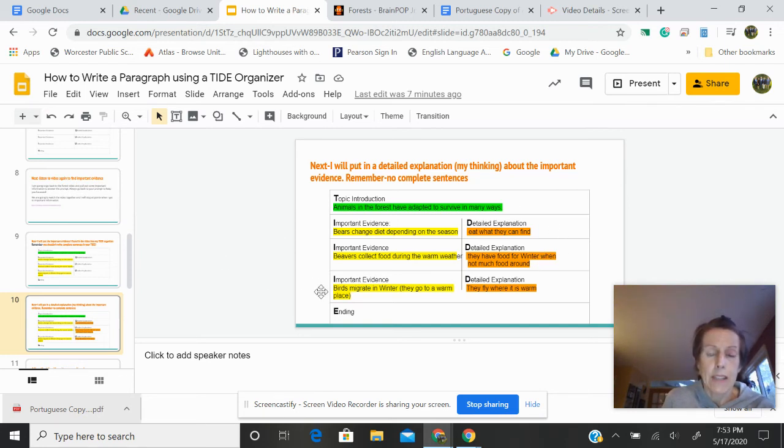And important evidence number 3, birds migrate in winter. They go to a warm place. My explanation is that they fly to where it is warm because they don't like the cold. And I didn't even put that in, but you can always add it in.